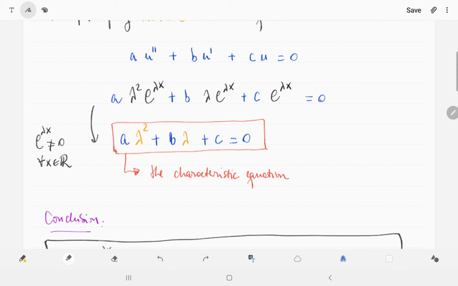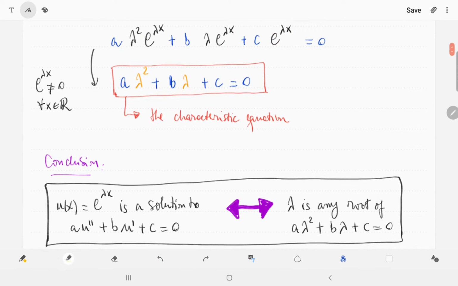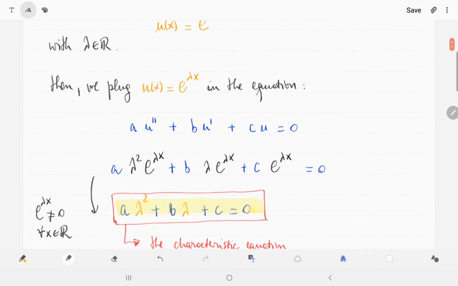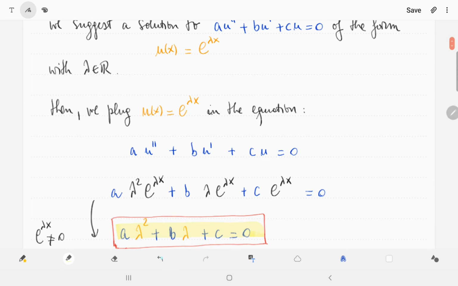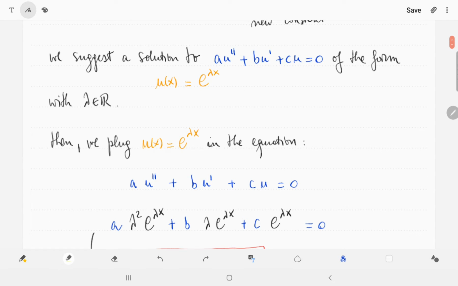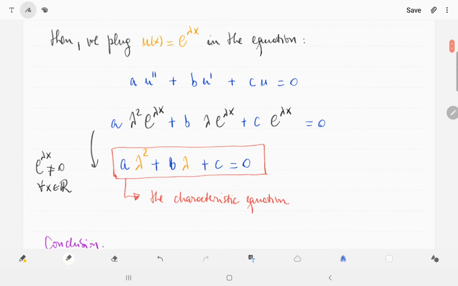So dividing by this value, we get this equation, which is quite similar to the original one, right? Our second order linear homogeneous equation is here. And look at the equation that we get.